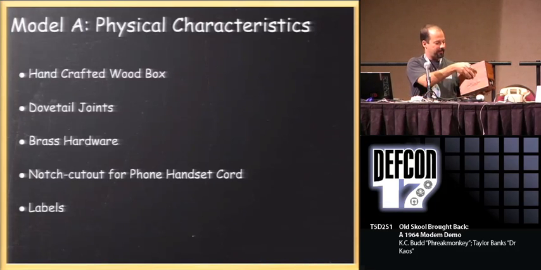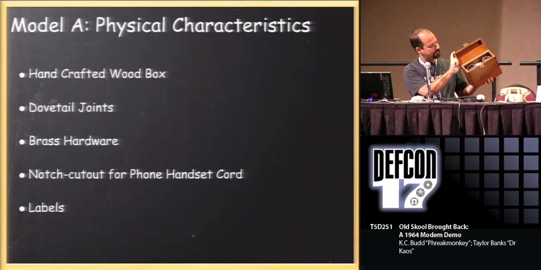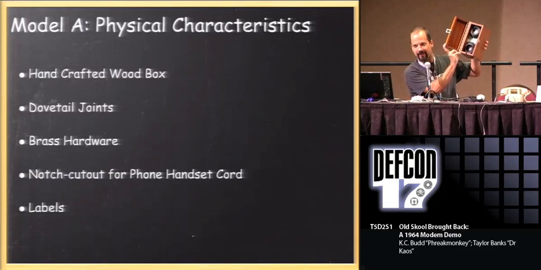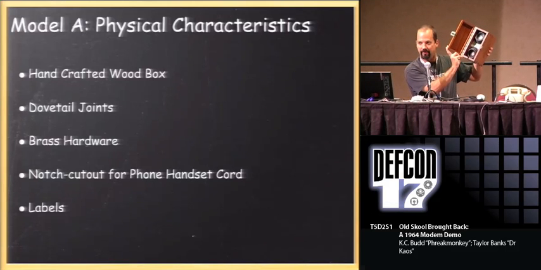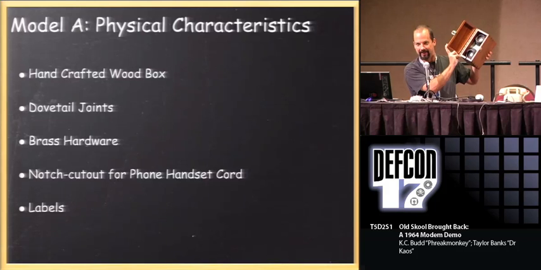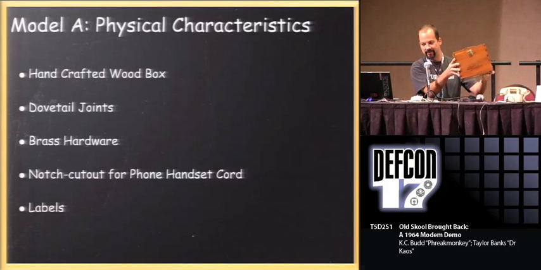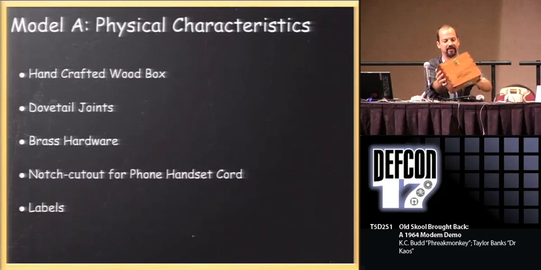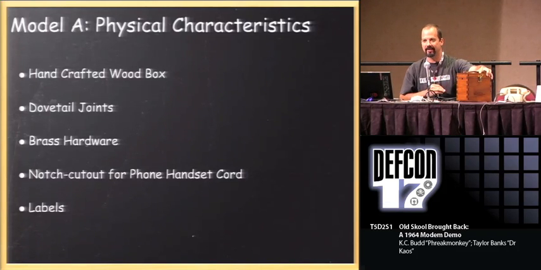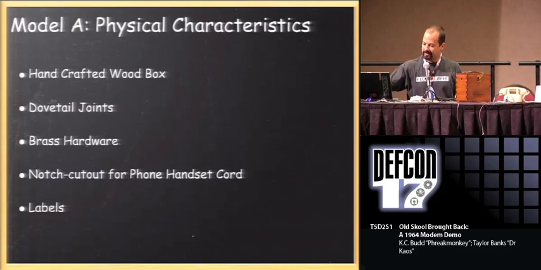And the main part of the modem is the two big transducers that you sit the phone handset down onto so it can talk over the Bell phone system, which you couldn't legally connect anything electrically to. So that's the physical characteristics. Oh, there's a neat little notch in the side here so that when you sit the phone down on it, you can close this so that ambient noise doesn't interfere with the conversation.